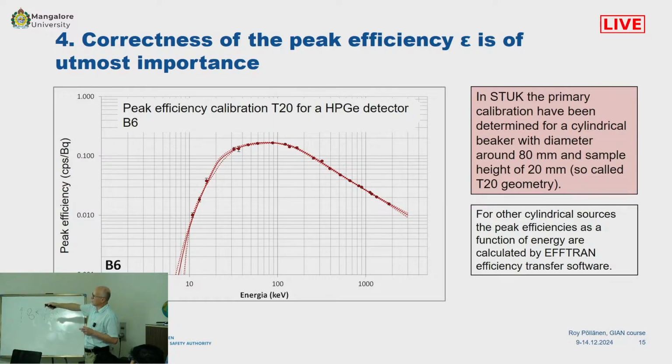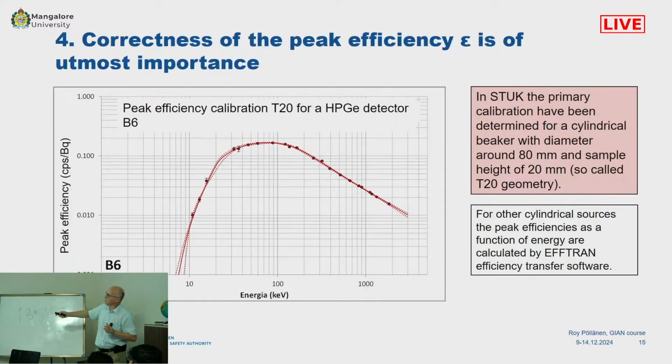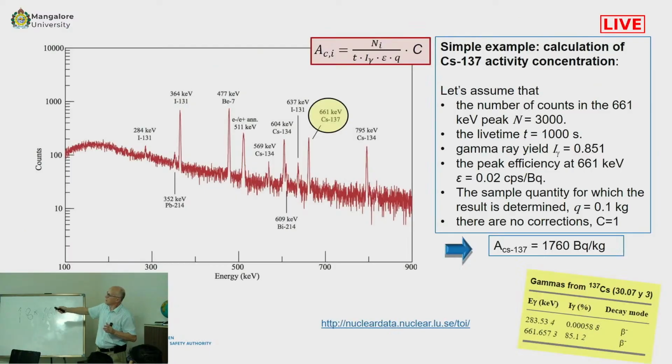So then you use the efficiency at these energies. So you have to know the energy. Practically, activities are calculated by using the software, Jenny, in your case.